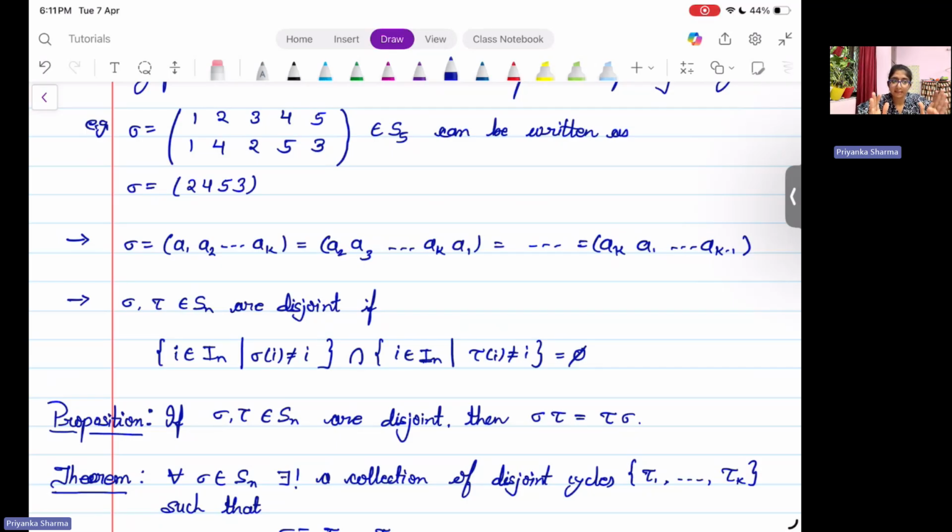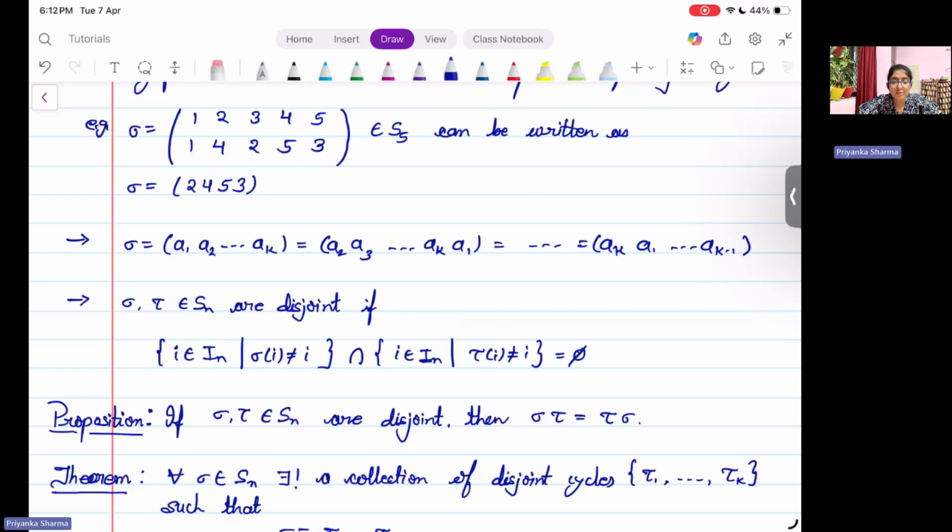That is, if we exclude those elements from In whose images are fixed under sigma and tau, then the remaining set, that is for sigma, the subset of In for which sigma doesn't work as the identity, and this is the subset of In for which tau doesn't work as the identity.